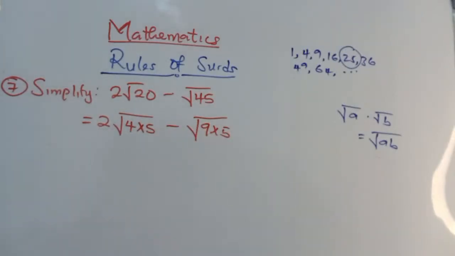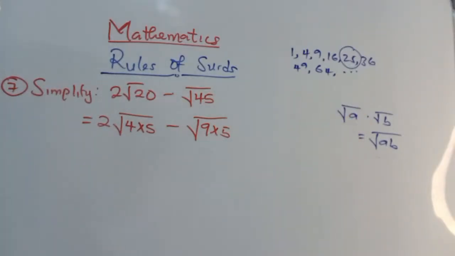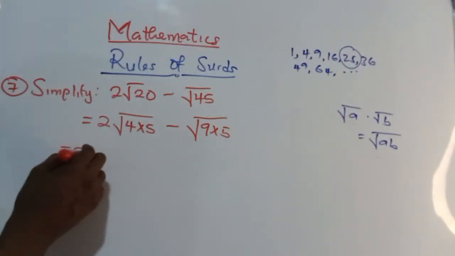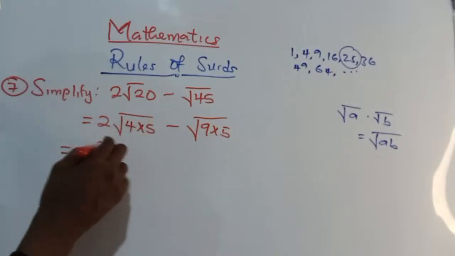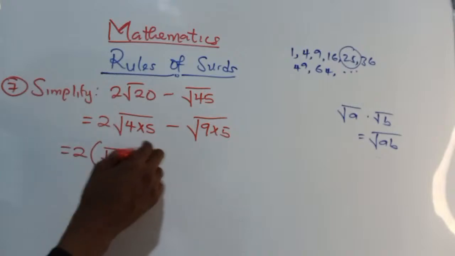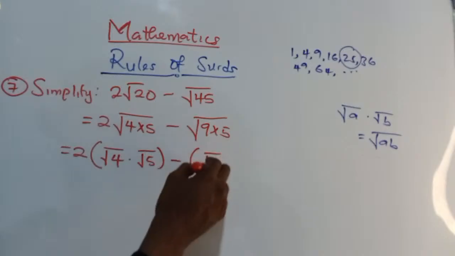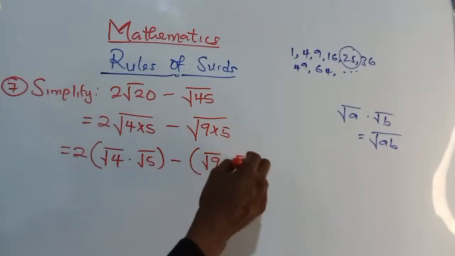All right, so now we're going to apply one of the rules of surds, and this is the one we are applying. So we have 2, and this can be root 4 multiplied by root 5, minus these, we have root 9 multiplied by root 5.